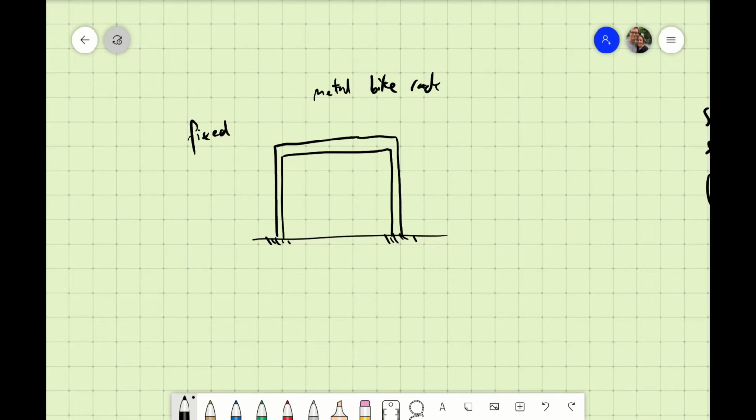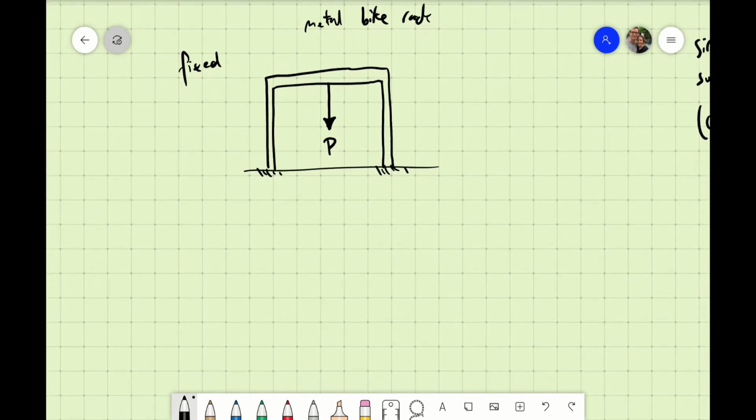They're all welded together. If you pull down on this with a particular force, hold that in your mind for a second. Let's say 1,000 newtons you pull down. And then your friend, assuming you have friends, builds a slightly different bike rack.